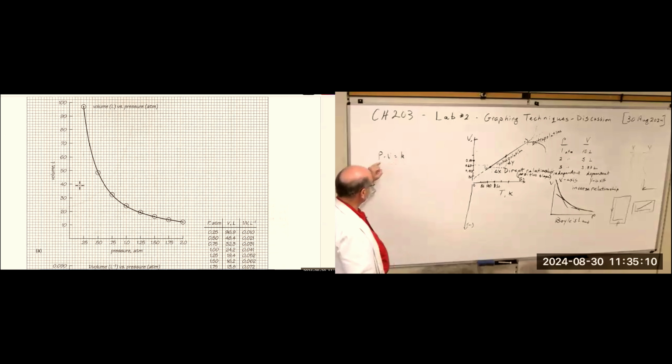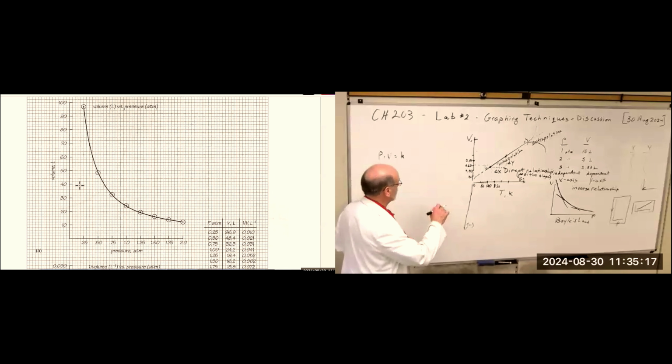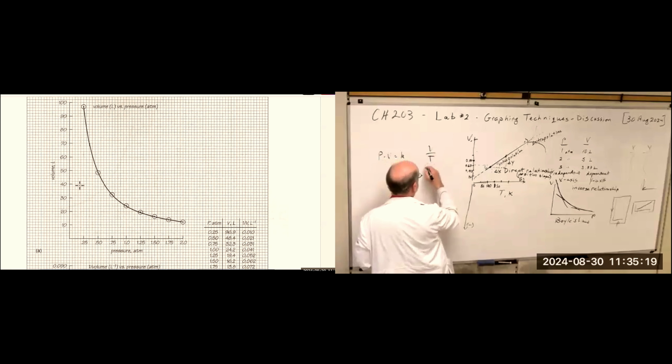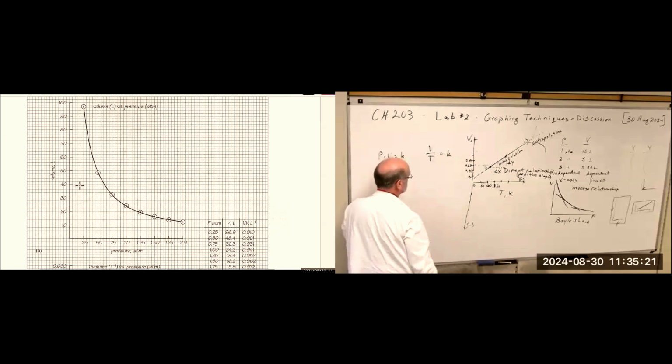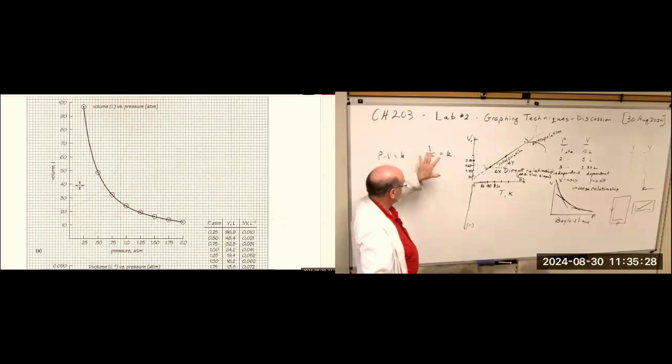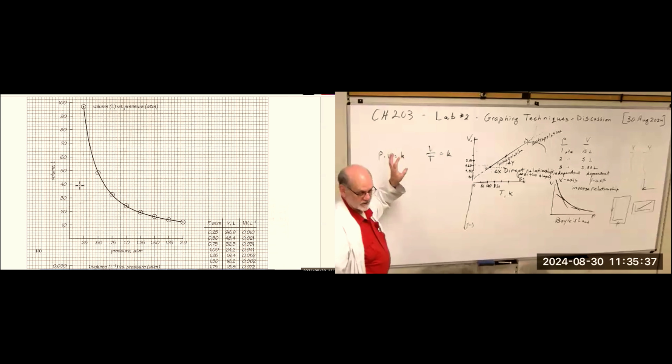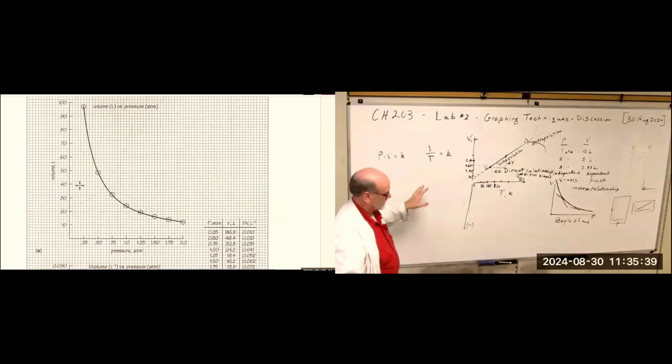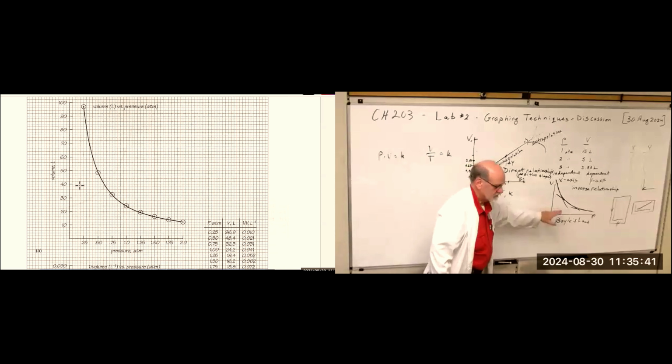Because if that's constant, then when this one goes up, that one has to go down in order to keep that constant. Whereas Charles' law was volume divided by temperature is a constant. So when temperature goes up, volume has to go up in order to keep that a constant. So when the quotient is constant, it's a direct relationship. When the product is constant, it's an inverse relationship. Right? That's what we see here.